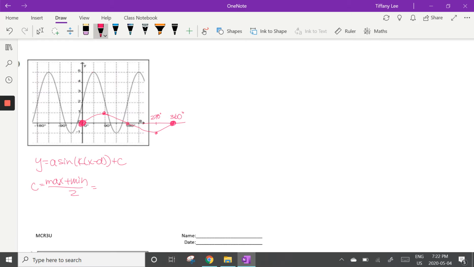Our maximum point on this graph is 5. Our minimum point is −1. So that's 5 plus −1 divided by 2. 4 over 2 equals 2, right? If we split the graph in half horizontally and draw that dotted line, that's our equation of the axis. So that's y equals 2, or c equals 2.